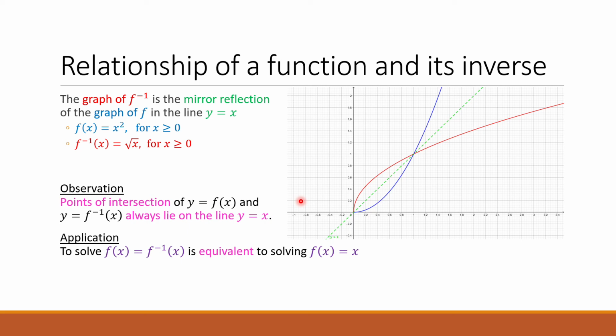Because I know the intersection of the two graphs, the original and the inverse function, will always lie on the line y equals x, why not consider the intersection of the original function and the diagonal line? If I look at the blue and the green dotted line, the intersection of these two graphs will also be these two points. It will still be the same two points. So why not just solve this simpler equation? This is how we can apply this observation.